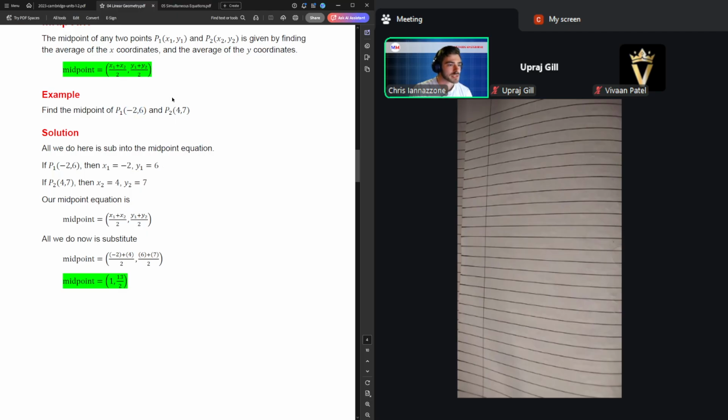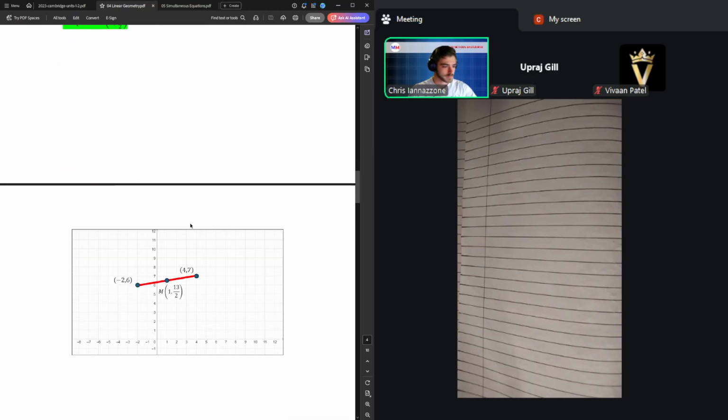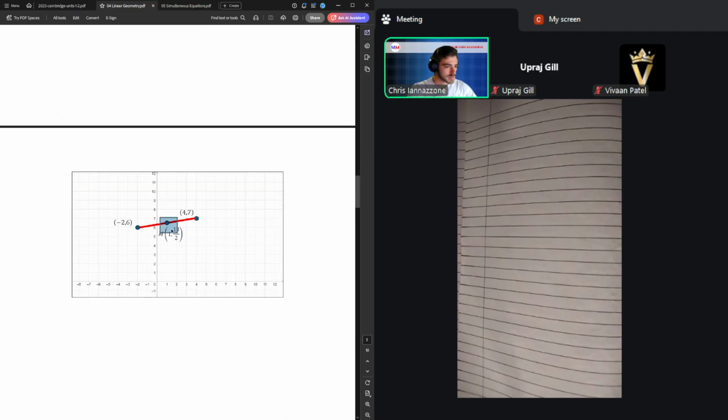Again, probably just labeling what each of those are rather than just leaving it as P1, P2, just to avoid the mistake of putting things in the wrong spot. You can see I literally go out of my way to label them as what they are before subbing them in. But that's just potentially overly cautious. And that's what that would look like if you're finding the midpoint of the line joining 2 separate points.